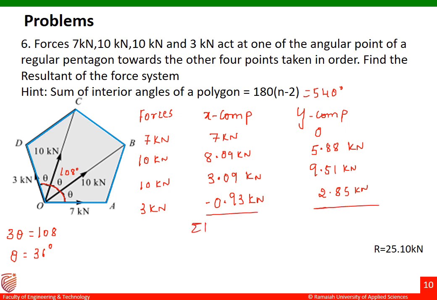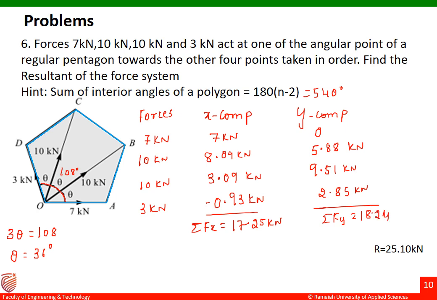So let us find the summation of all these forces. Summation Fx equals 7 plus 8.09 plus 3.09 plus, sorry, minus 0.93 kilonewton. You'll get the answer as 17.25 kilonewton. Let us go for the y component, summation Fy: 5.88 plus 9.51 plus 2.85, you'll get 18.24.